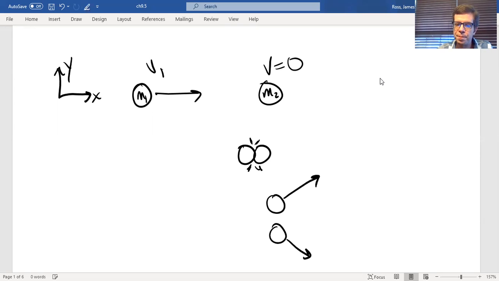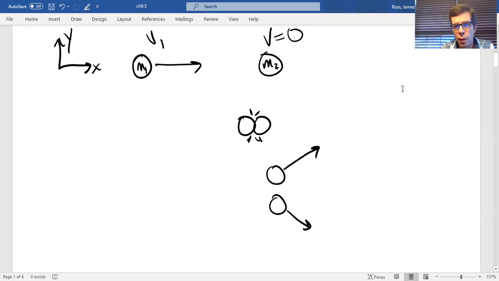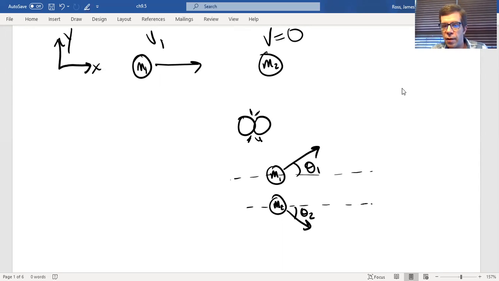Something like this. So for mass 1, there's some angle theta 1 relative to the x-axis. And for mass 2, there's some angle theta 2 relative to the x-axis that they exit at.